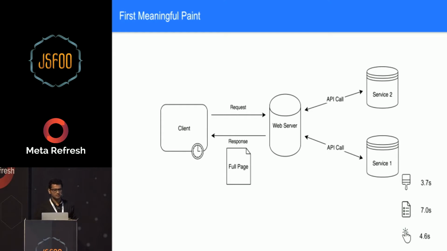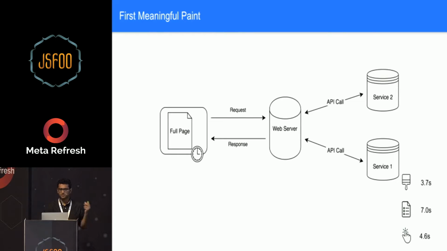The client processes it, makes the API calls required to show the data on the page, and then the data is available to the user, right? So the first meaningful paint in these kinds of applications is a little bit longer as compared to server-side rendered applications.